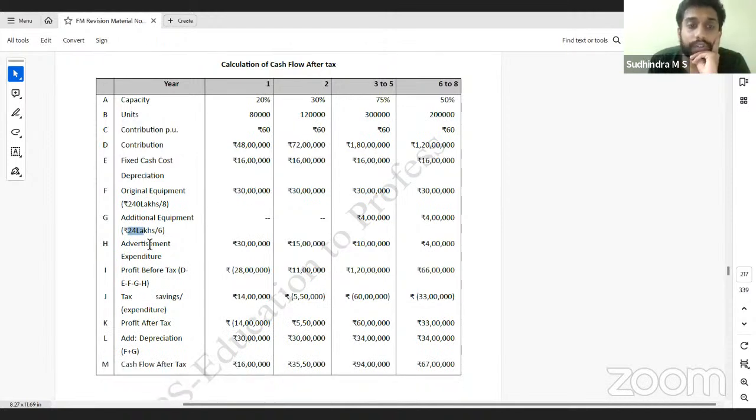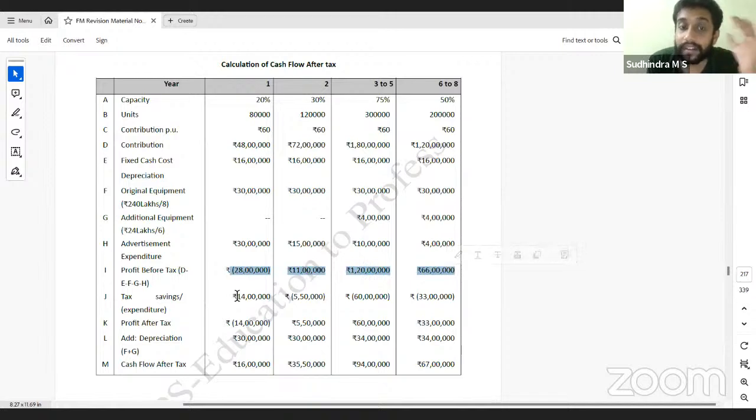So 24 lakh by 6, you get only from third year. First 2 years, no depreciation. We have to be careful there. Then advertisement expenditure as given in the question, this gives you PBT.